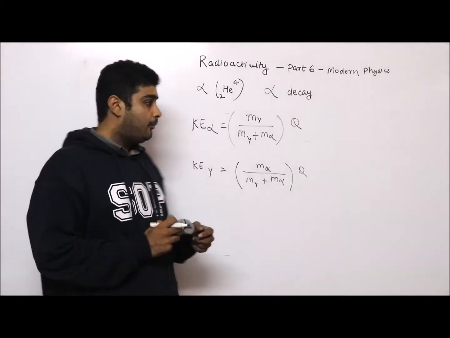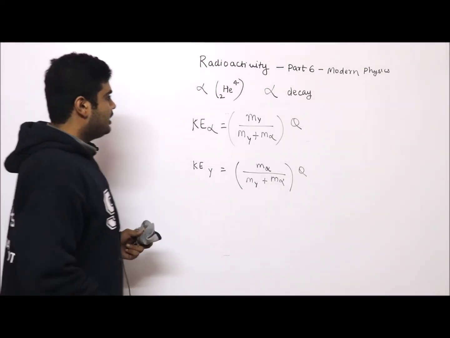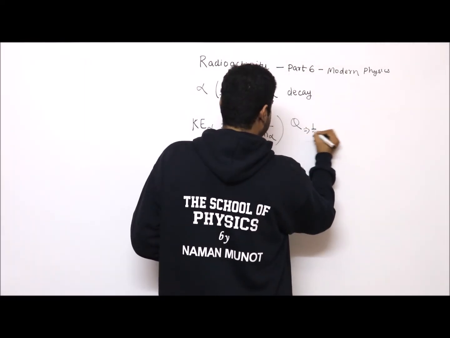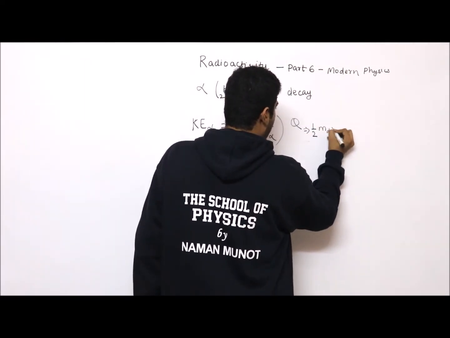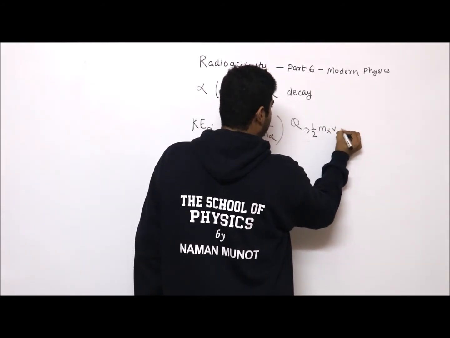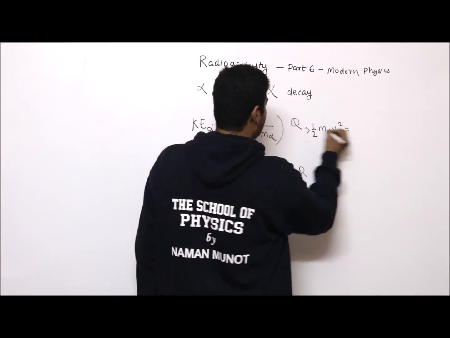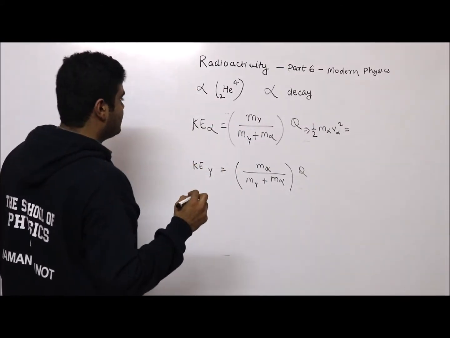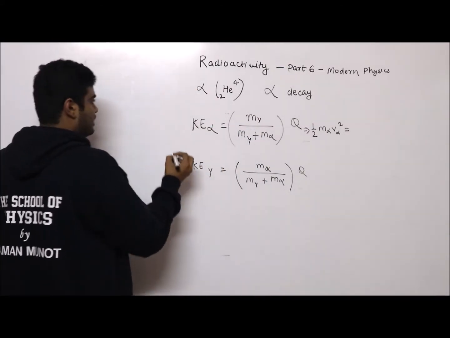Objective questions can come, and he might also twist the question and ask what is the velocity of the alpha particle. So half m alpha v alpha square will be equal to, what is my? As you remember from the equation, I'll write the equation again.